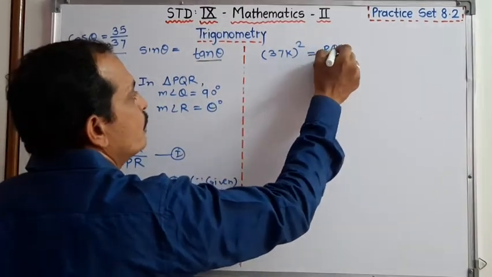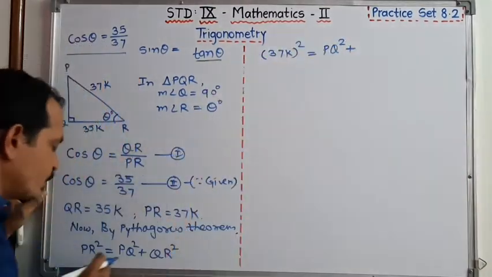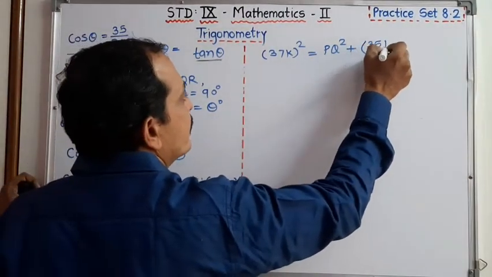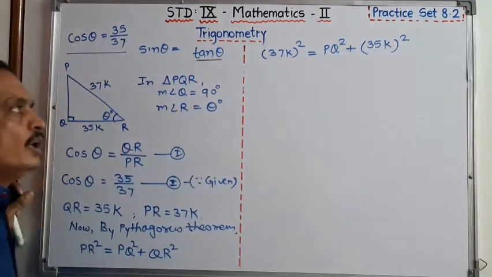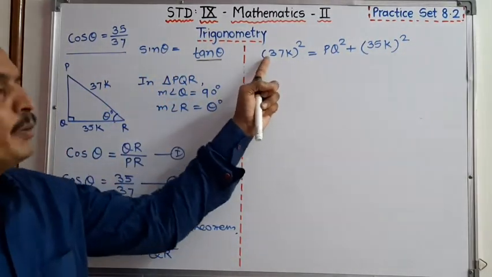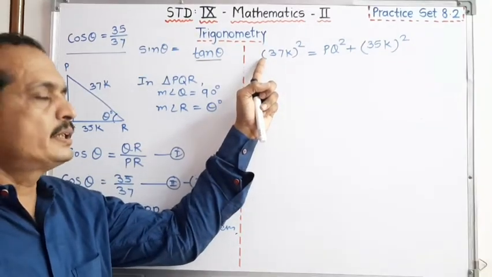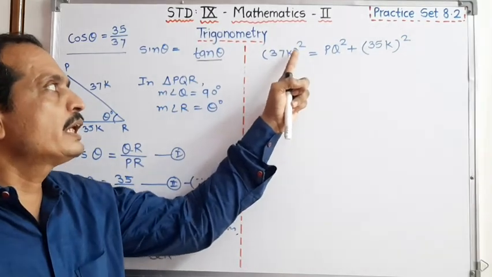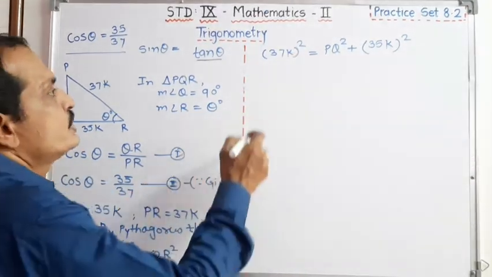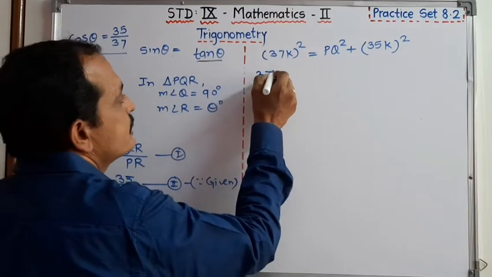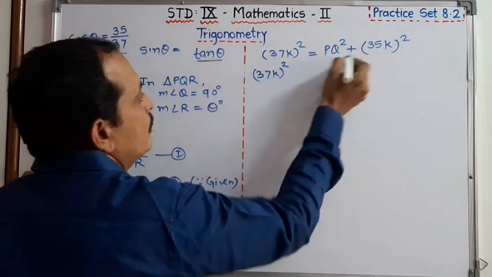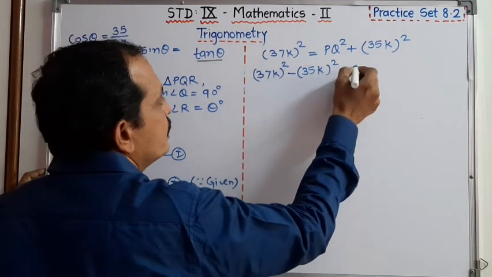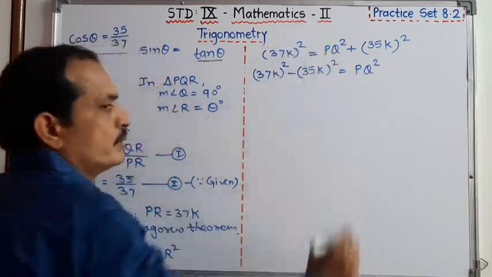We don't know the value of PQ, therefore we leave it as it is, PQ square plus QR is 35K, therefore 35K square. While writing these values, remember dear student, make the bracket and make it a square. Therefore 37K bracket square. Now dear student, see this 37K bracket square minus this 35K bracket square is equal to PQ square.